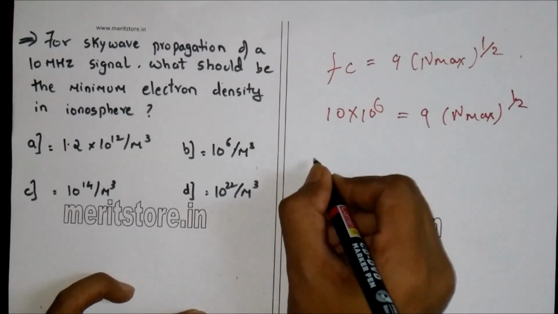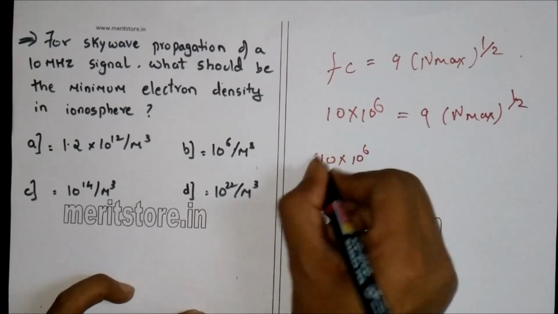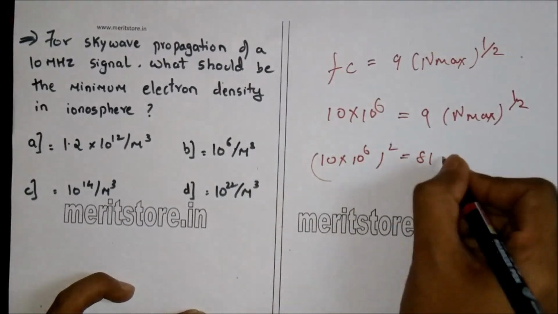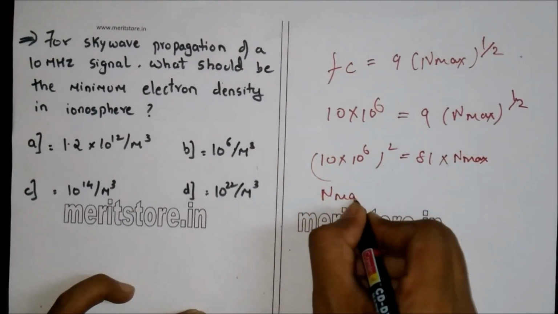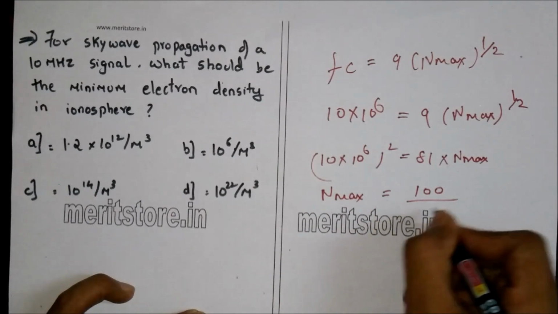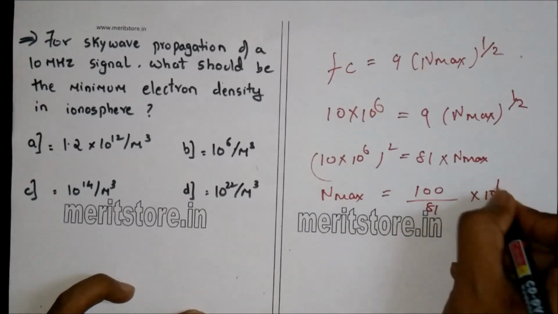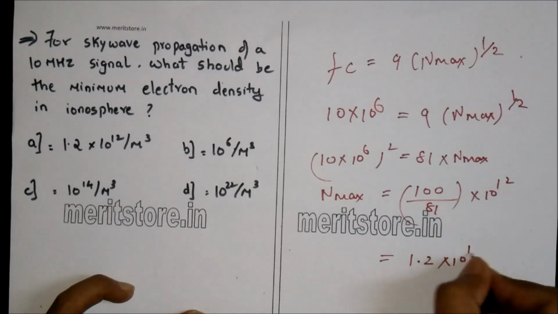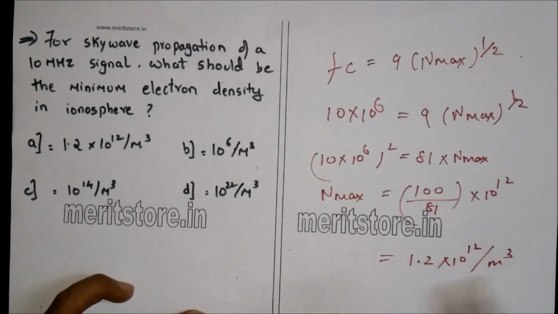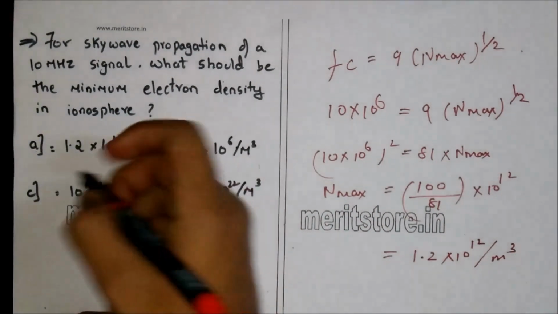On squaring both sides, we will get 10 into 10 raised to 6 the whole square, equals 81 into n max. Therefore, n max is equal to 100 upon 81 into 10 raised to 12, which is equal to 1.2 into 10 raised to 12 per meter cube. Therefore, the correct answer is option A.